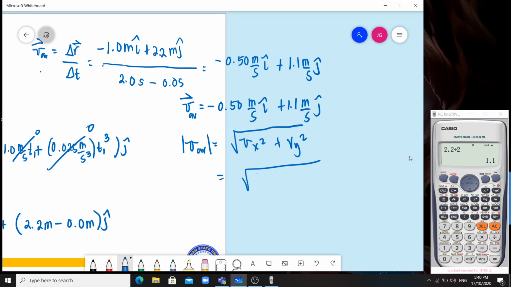So, negative 0.50 meter per second squared plus 1.1 meter per second squared. Ayan. So, let's calculate. Negative 0.50 squared plus 1.1 squared. That is equivalent to 1.2.